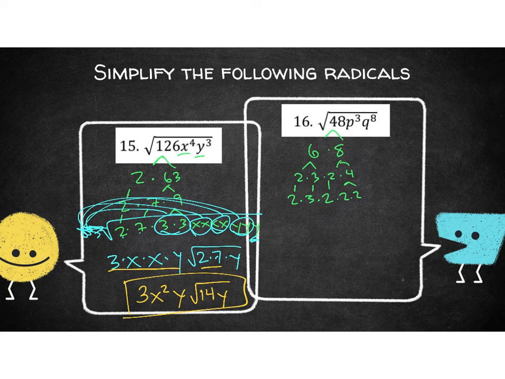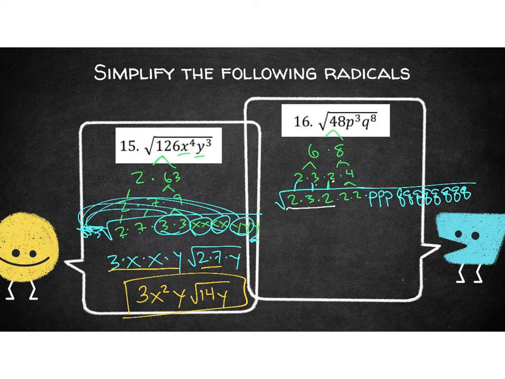When I have the 2 that can't be broken apart and the 3 that can't be broken apart and the 2 that can't be broken apart, they don't want to bring these down. I'm going to highly recommend that you bring those down to that bottom row because it's really nice to just be able to say, yep, there's my radical. If you don't carry all of those down, then you might drop some factors up above unintentionally, without meaning to. Then I have 1, 2, 3 p's and 1, 2, 3, 4, 5, 6, 7, 8 q's.